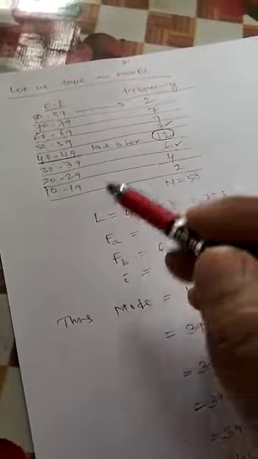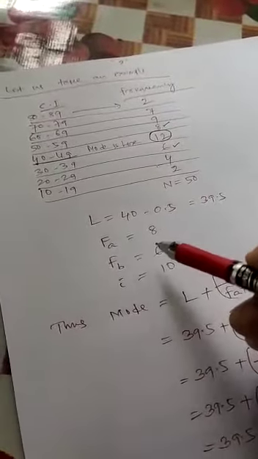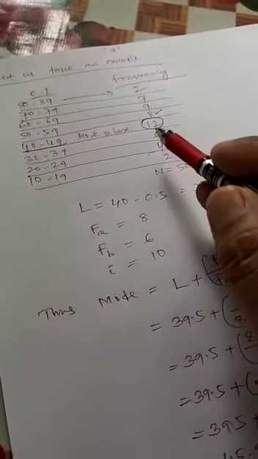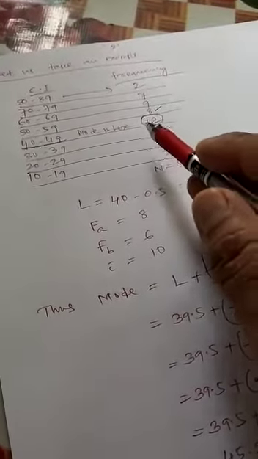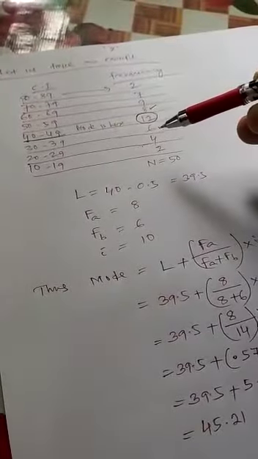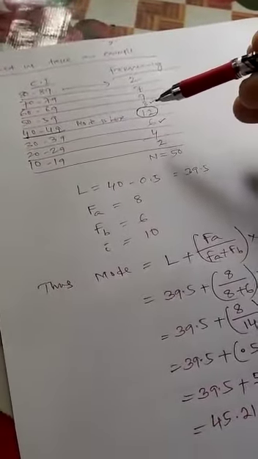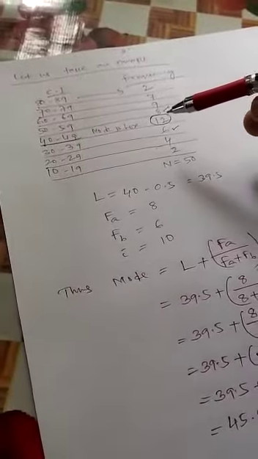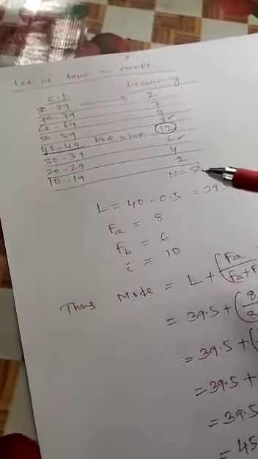Then FA means the frequency above the highest frequency where mode is. Mode is here and the frequency above is here. And if these class intervals are in reverse form, then we have to take this one as the above and this one as the below. Are you getting my point? Okay.